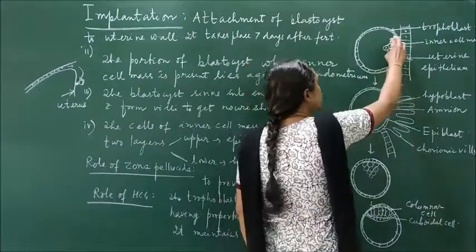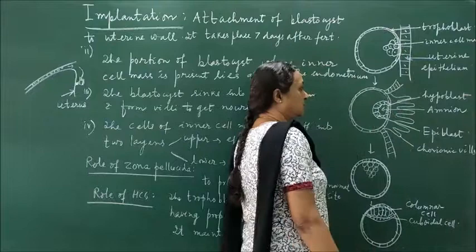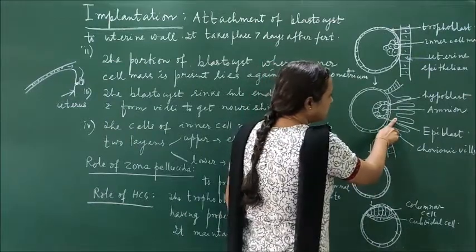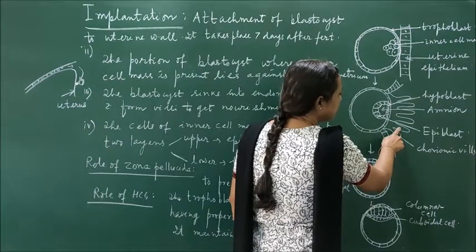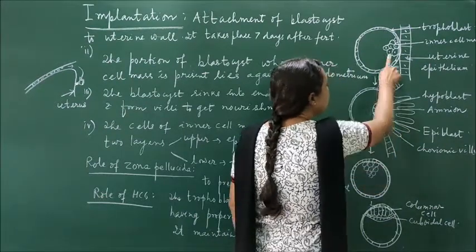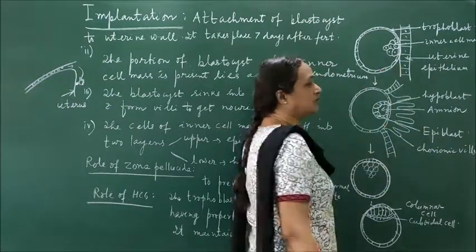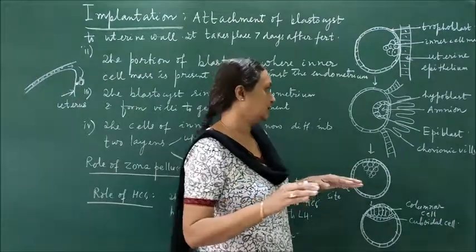Here you see the inner cell mass, which is like a knob-like structure. And it is embedded in the uterine wall by the formation of finger-like projections called chorionic villi.